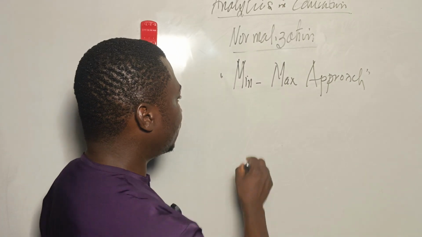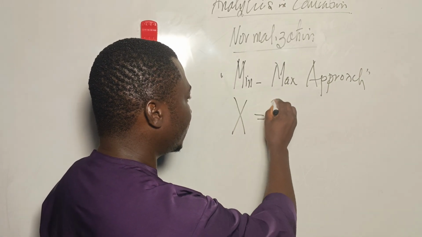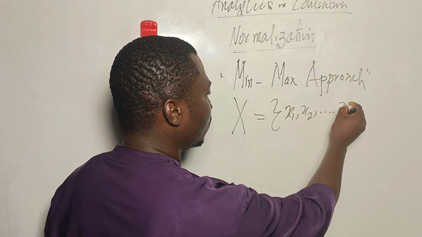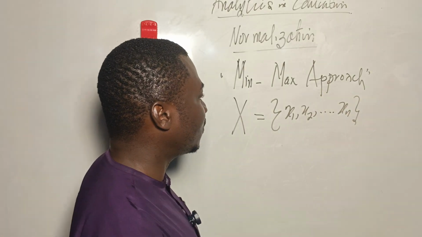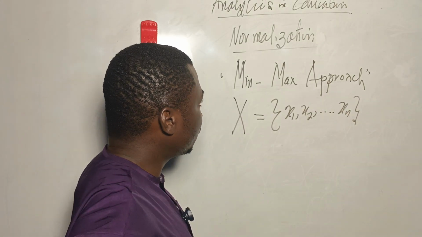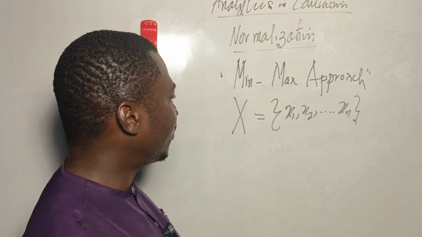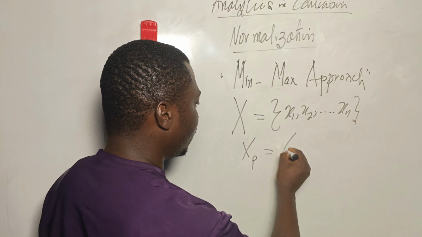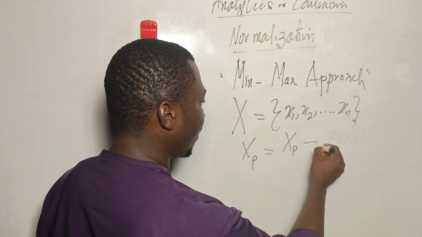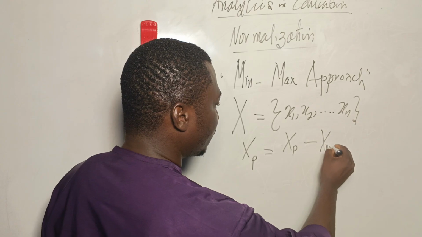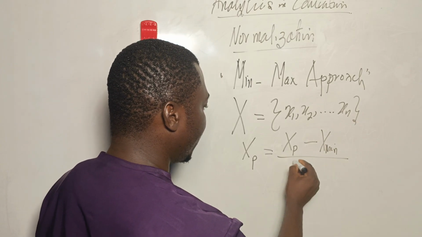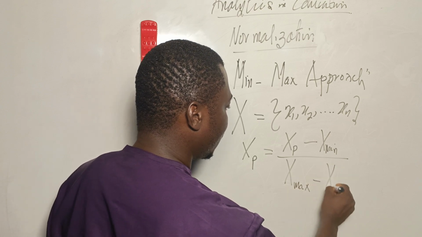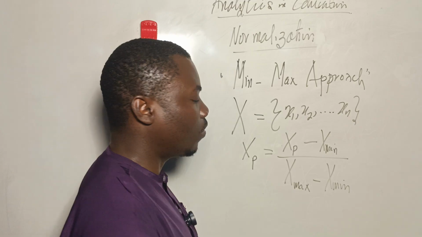If you are given any specific data set, say x defined within the range x1, x2, and it could be a finite data set, then to normalize any of the data points, say data point p, you pick that data point p and subtract the minimum of the data set from it, divided by the maximum of the data set minus the minimum of the data set.